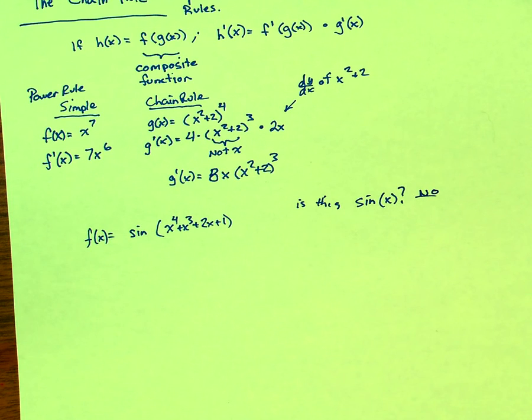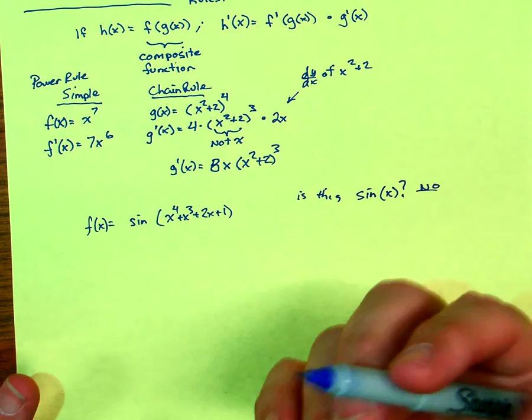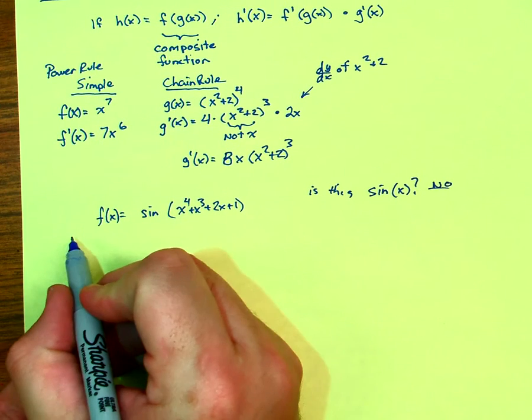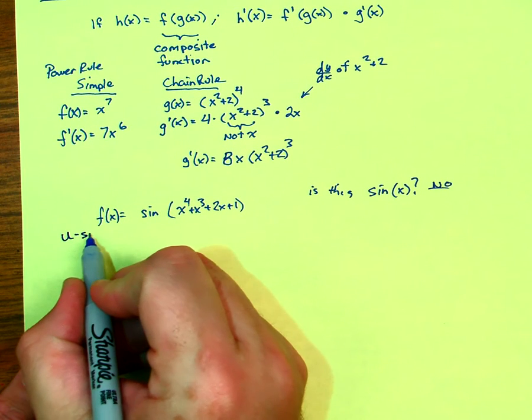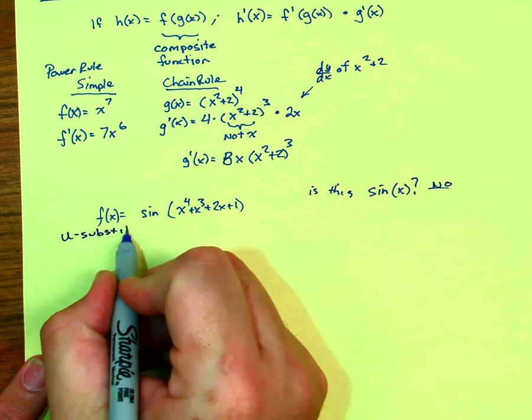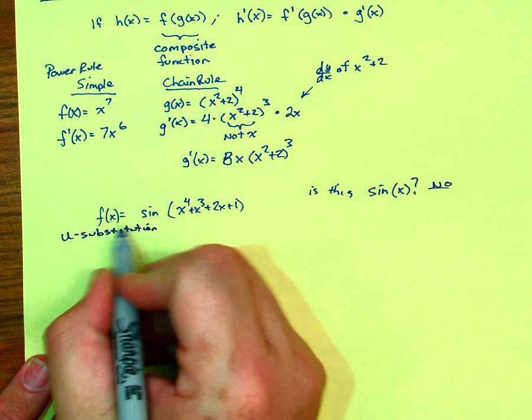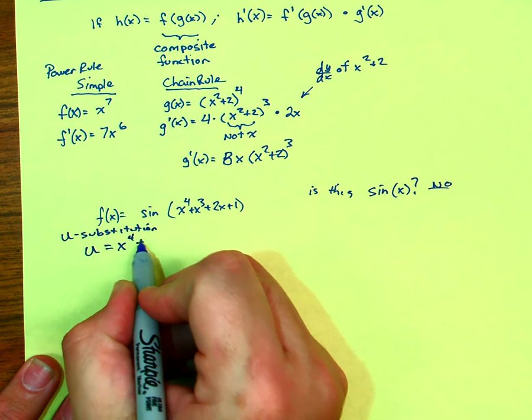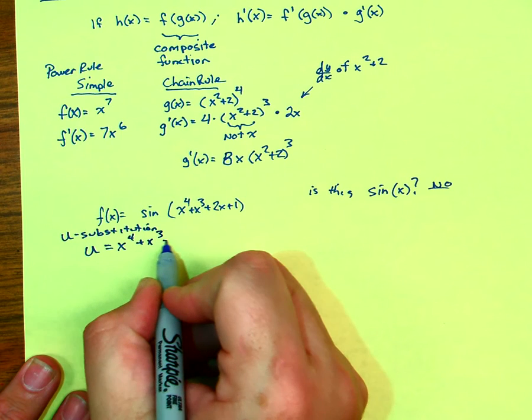But this idea that I have started talking about is u substitution. I'm going to let u be equal to that x to the 4th plus x cubed plus 2x plus 1.